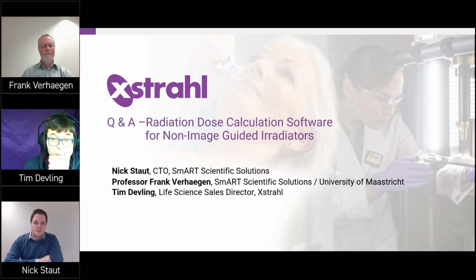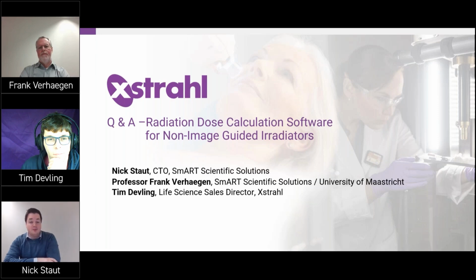There are lots of interesting questions. Sorry, Nick, coming in. How frequently would we need to do a dosimetry calibration, or would the system need to be recalibrated? The answer is it would need to be recalibrated if you replace your X-ray tube, or as your X-ray tube ages and you get a different dose rate with the same settings. It depends a bit on how your QA is, but the calibration is based on the dose rate that your X-ray tube outputs.